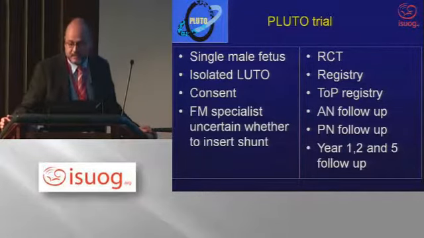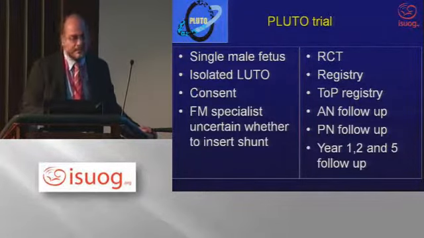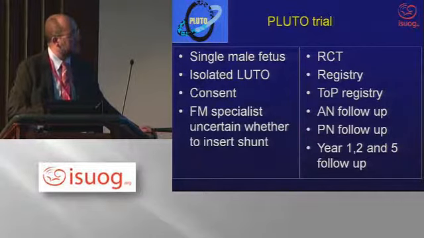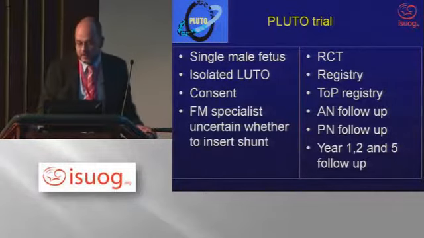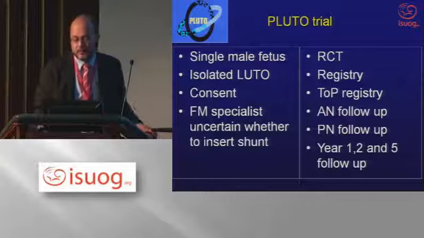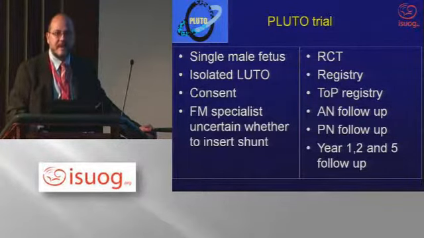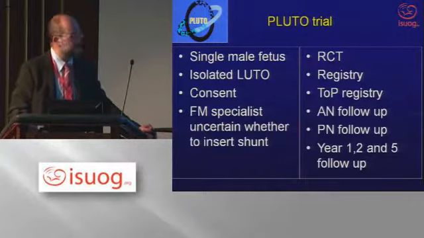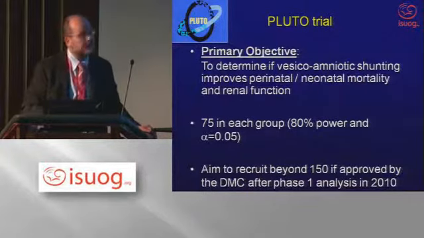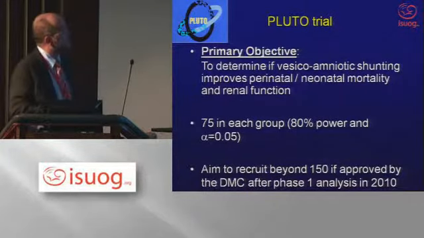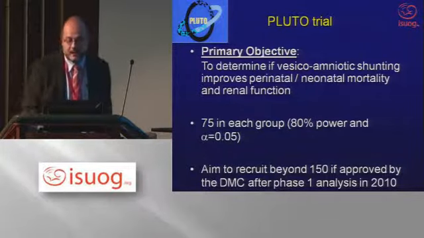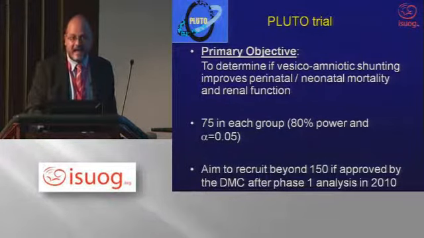They're running a termination of pregnancy registry, and they're doing antenatal and postnatal follow-up. And postnatal follow-up is long-term follow-up, which is really important, at year 1, 2, and 5 years. So we're not only interested in perinatal mortality, but also long-term outcome in terms of the renal function. The primary objective is really to determine whether shunting improves perinatal and neonatal mortality and renal function.